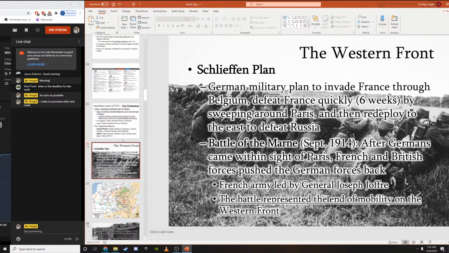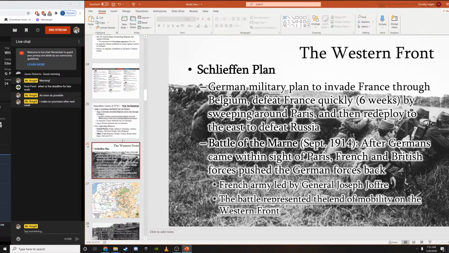But the problem is that the Battle of the Marne is really what ends up characterizing the entire First World War, because all mobility stops. The war turns into this stalemate conflict where they're stuck fighting on the same land with relatively no mobility, not moving around at all, in other words.